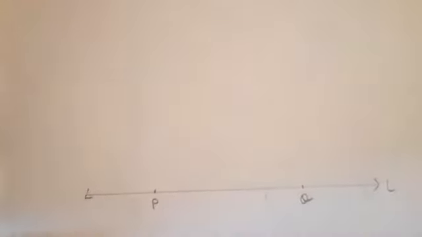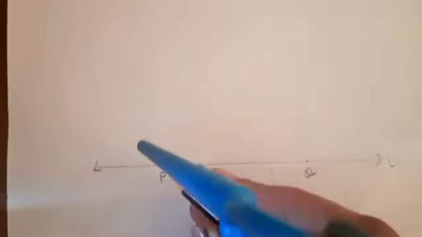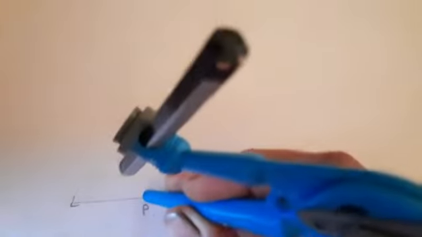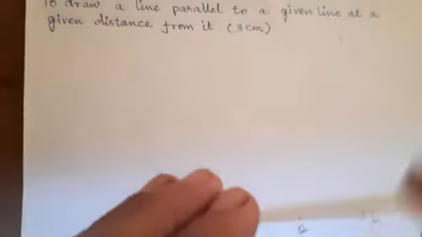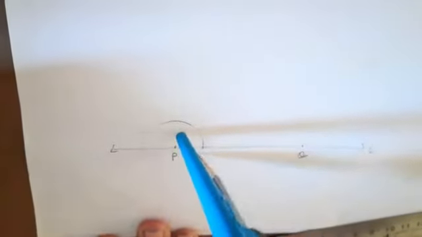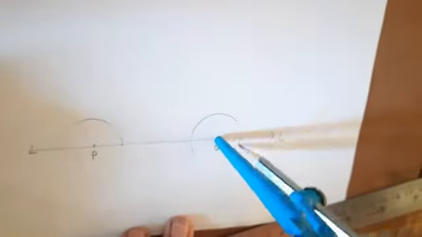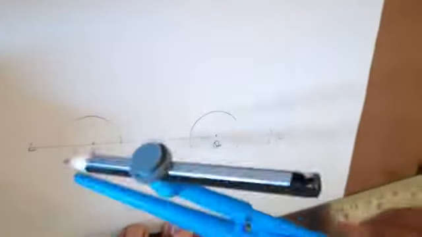Now we have to construct 90 degree. Keep P as a center and Q as a center. We have to construct 90 degree. You have studied how to construct 90 degree angle in class 6 onwards. First, you have to draw an arc here.